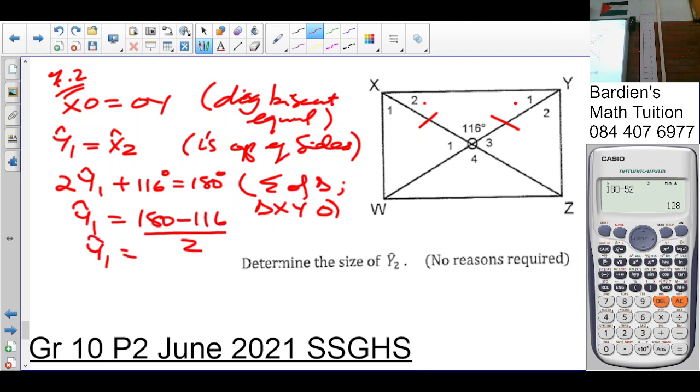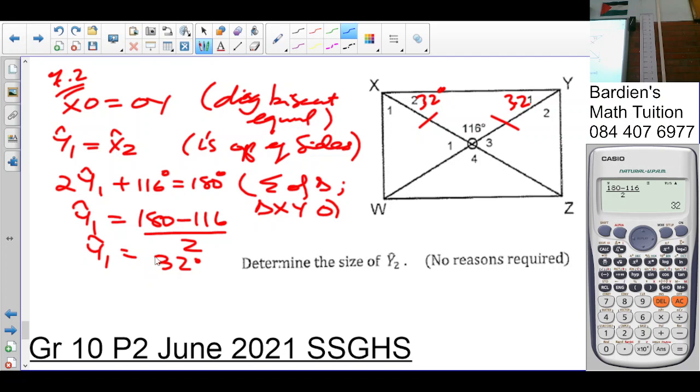So Y1 works out to be 32 degrees. But then again, you guys are always heavily penalized because you don't study your work either. 32 there.